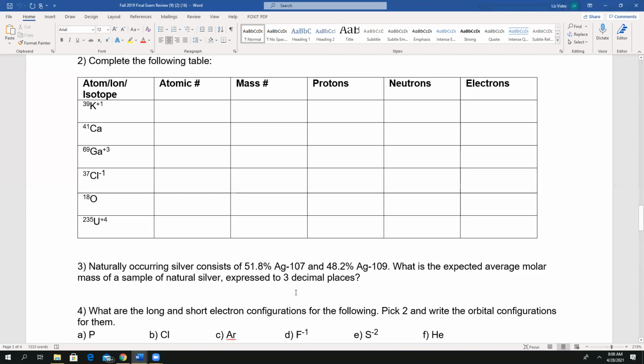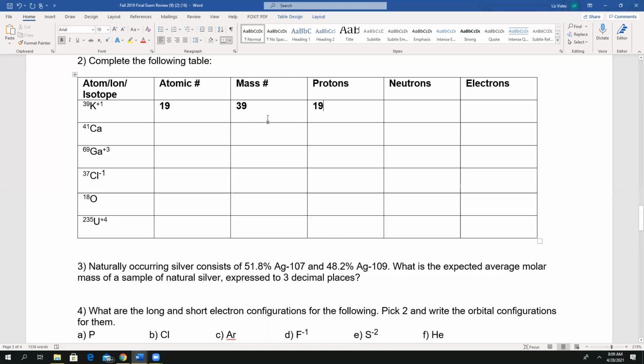Okay, potassium. Remember, whenever you see this kind of symbol, the top number is always the mass number right here. The atomic number you look for in the periodic table, and it happens to be 19, which is always the same as this number, always.